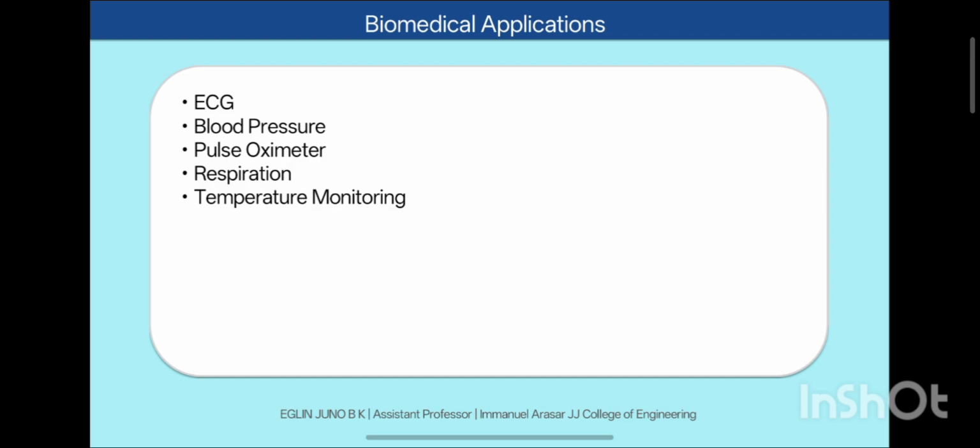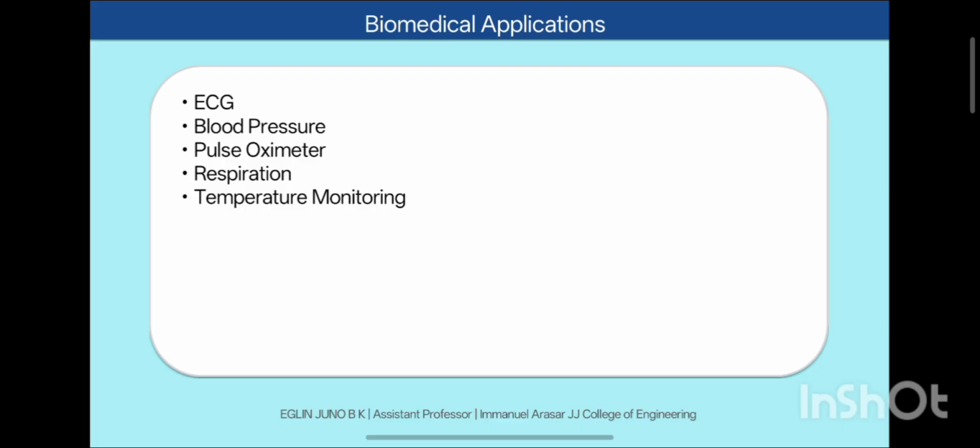Finally, what are the biomedical applications of transducers? In ECG, electrodes detect the electrical activity of the heart and convert it into electrical signals that are displayed as an ECG waveform. Also EEG, where electrodes detect brain electrical activity.